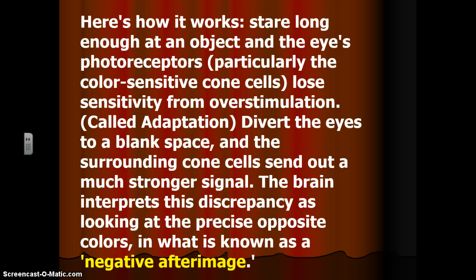With the opponent process theory, here's how it works. You stare at an object long enough and the eye's photoreceptors, the rods and the cones, particularly the cones, tend to lose sensitivity. Anytime you are exposed to something for a long consecutive time period, our receptors adapt to it, whether it be a sight or a smell.